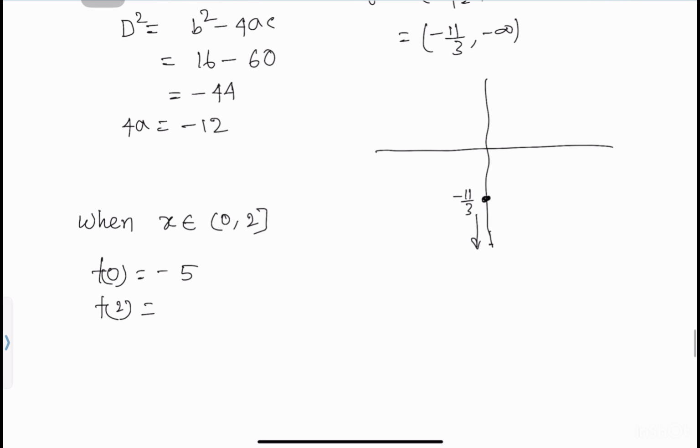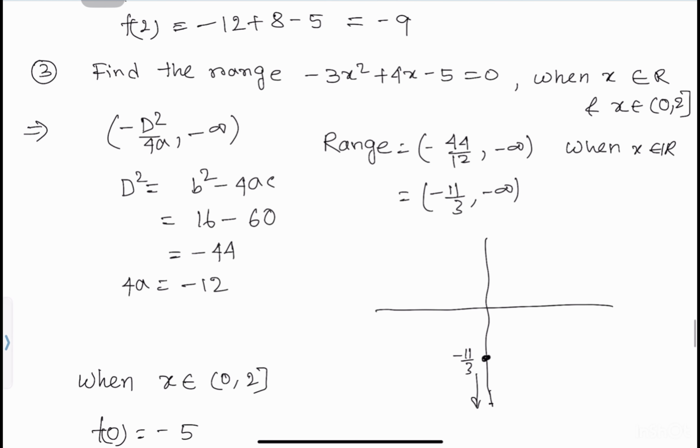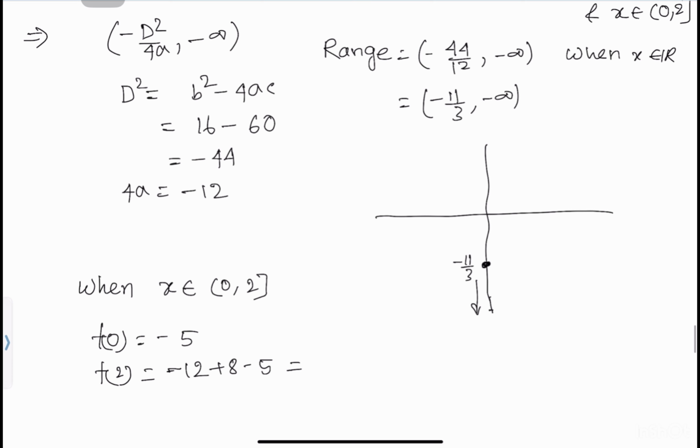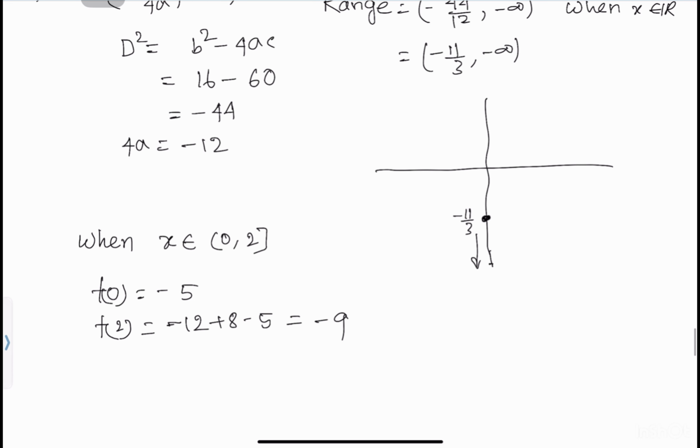F of 2, let me check once. If I put minus 12 plus 8 minus 5. Okay, how much is this one? Minus 9. Sorry, f of 2 is minus 9. So the corresponding values are minus 5 to minus 9.